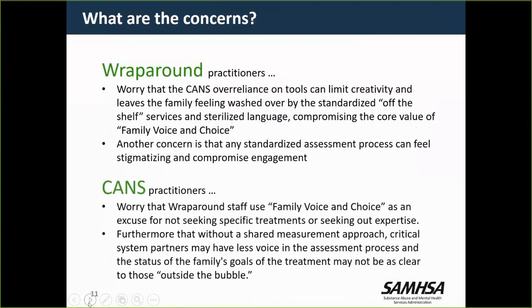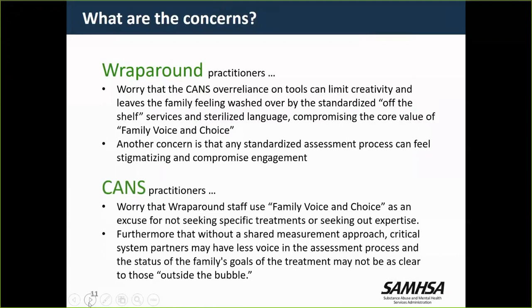Or the concern is that the standardized assessment process really moves people away from engagement, that skill set of truly engaging, of organizing a planning process, of individualizing it. It's a high-level skill, as we all know, to do something like that.